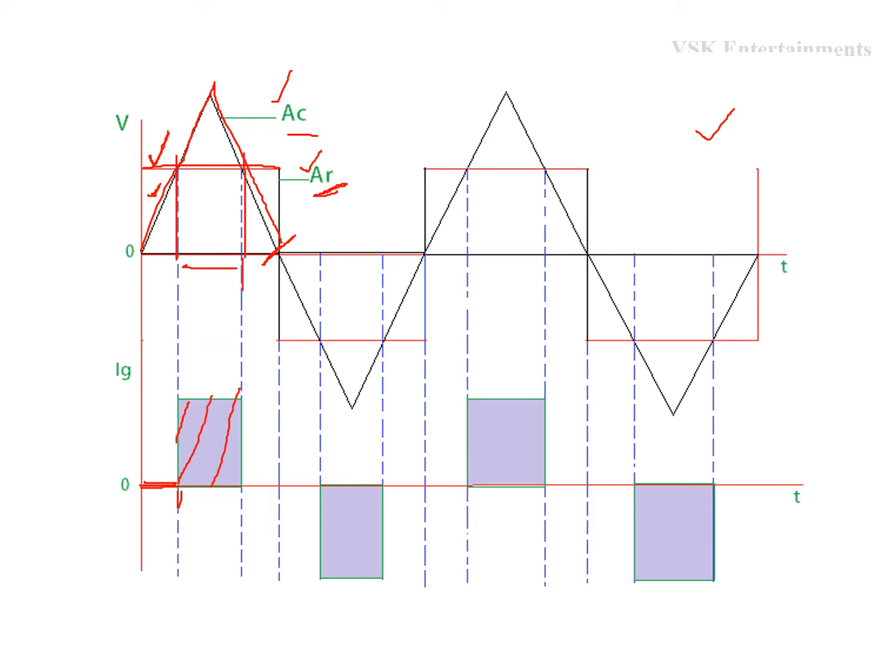Again from this point to this point, the magnitude of the reference signal is greater than the magnitude of the carrier signal, so we won't get any gating pulse here. The same process repeats for the remaining half cycles. Now we apply this gating pulse to the SCRs present in the inverter circuit, and we get the output voltage V0. In this way we control the output voltage of the inverter by using the single pulse technique.